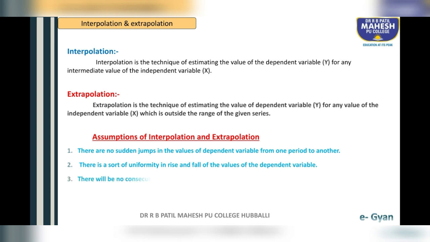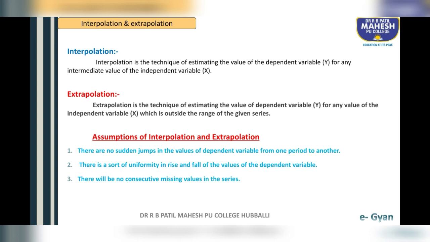The third assumption is that there will be no consecutive missing values in the series. For example, if the series is 2, 4, dash, 6, after 4 there is a missing value and you have to find it. After this missing value, there are no further missing values.